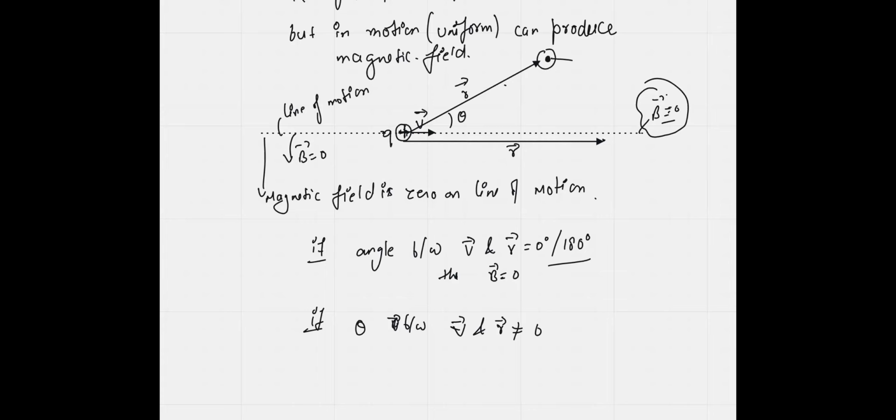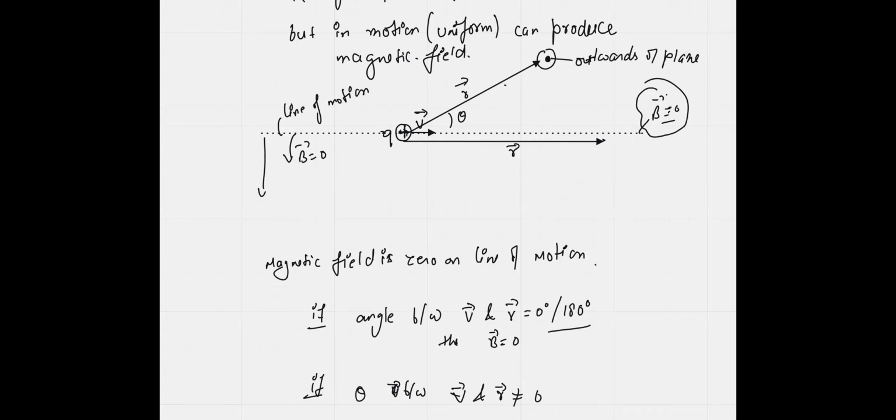This point represents outwards of the plane. On a different line, I'm just trying to make it inwards.